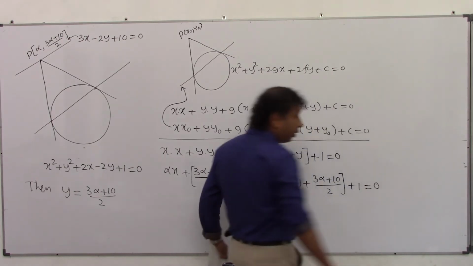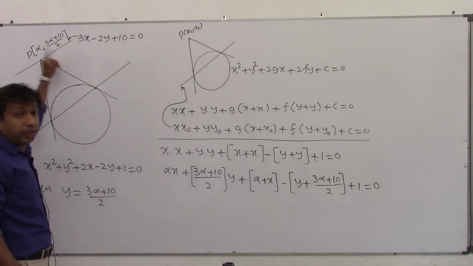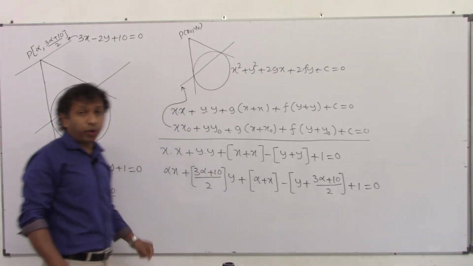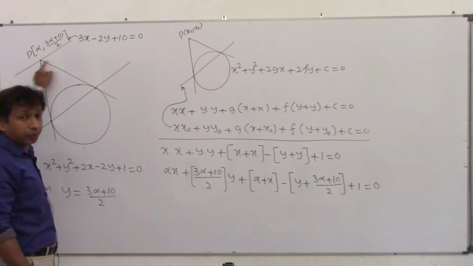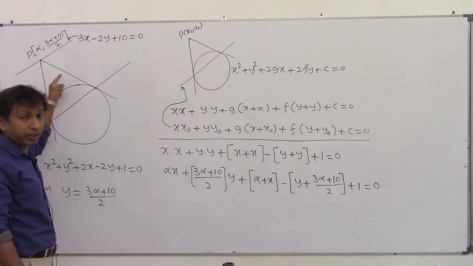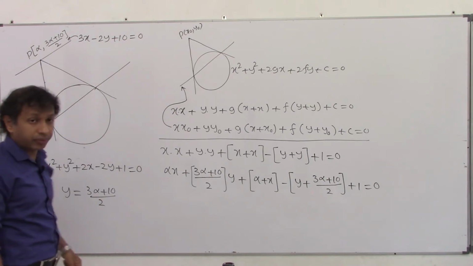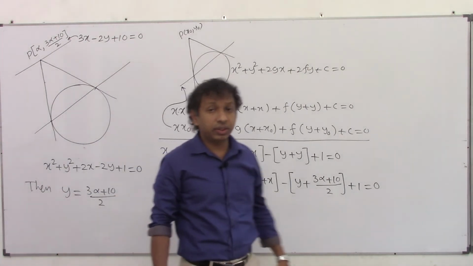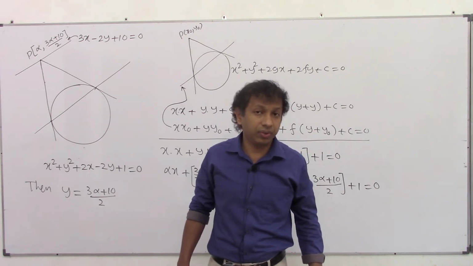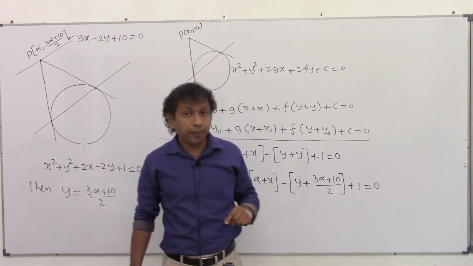In this case, you can very clearly understand this alpha is a variable. Why? This point P is a variable point on the line. This point P moves here and there on the line. As the point P moves on the line, its x coordinate changes. That means alpha changes. Therefore, alpha is a variable. In other words, alpha is a parameter. What is the difference between a parameter and a variable?